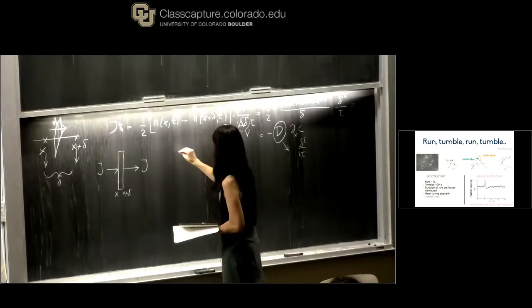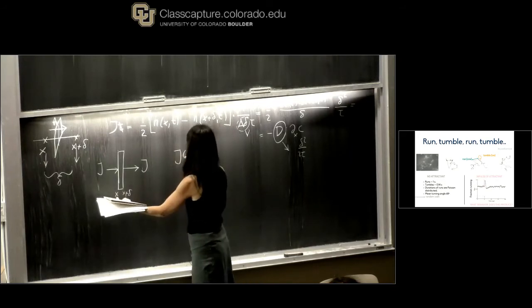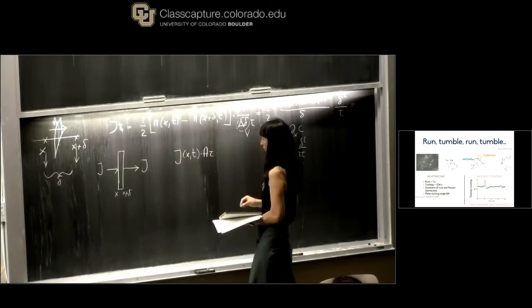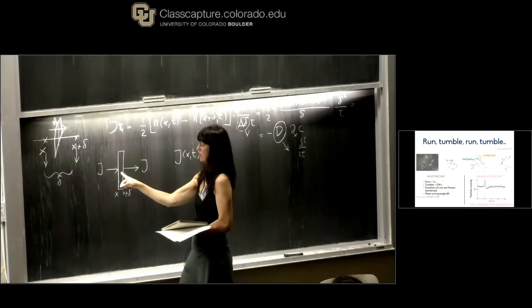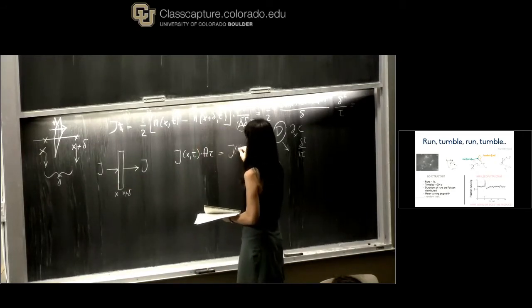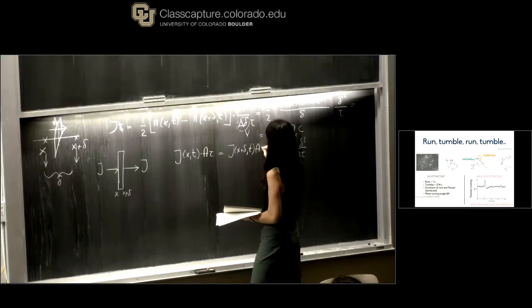So let's try and do this right. J of x at time t times the area and the time step, this is the number of walkers that enter, must be equal to J of x plus delta and t, sorry, a tau.